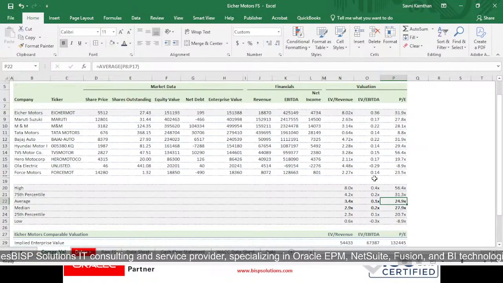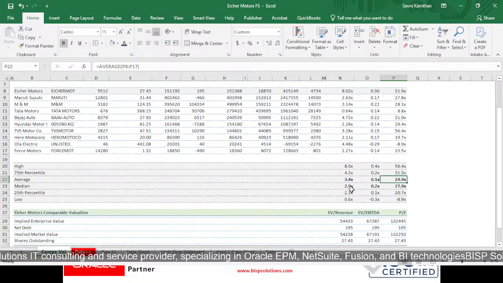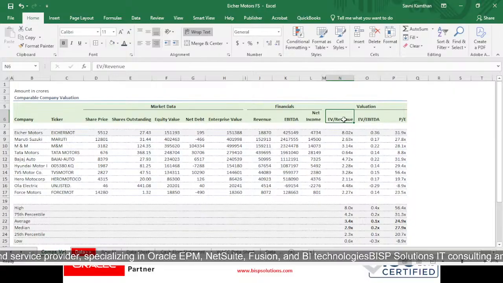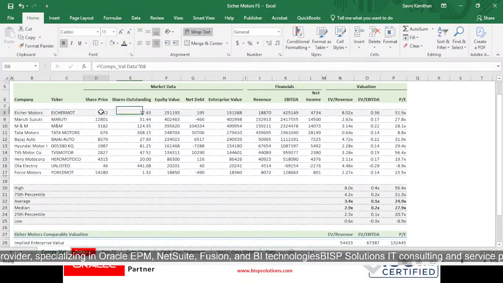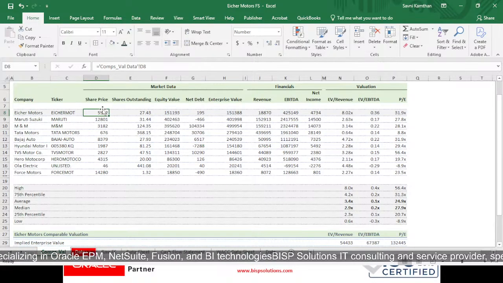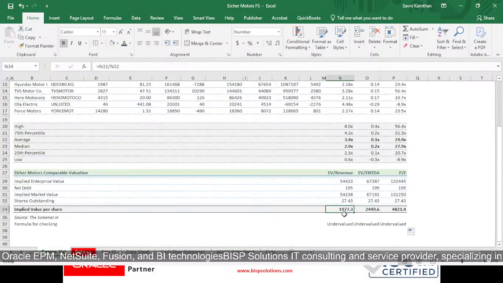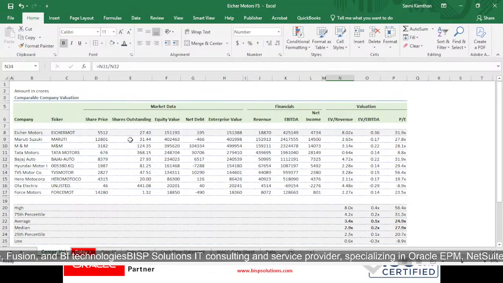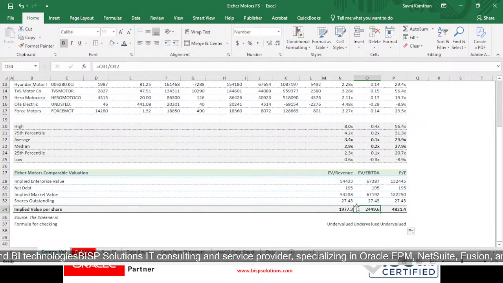So our EV upon revenue, which is our share price is 5512 and we are getting 1977, which is overvalued. 2449 EV upon EBITDA, which is overvalued, and PE ratio is our 4821, which is market price 5512, is overvalued, right?